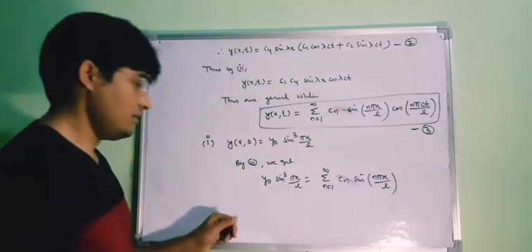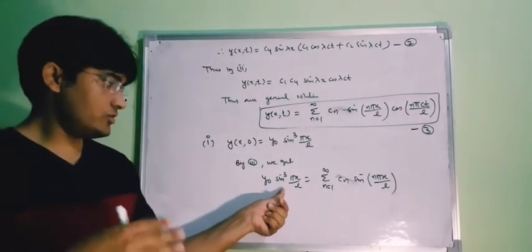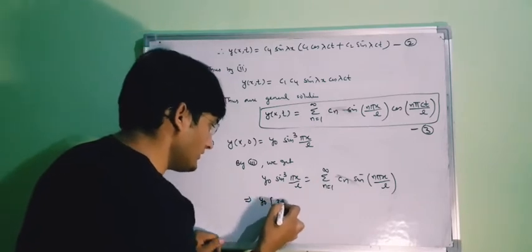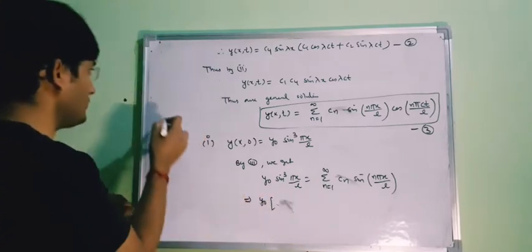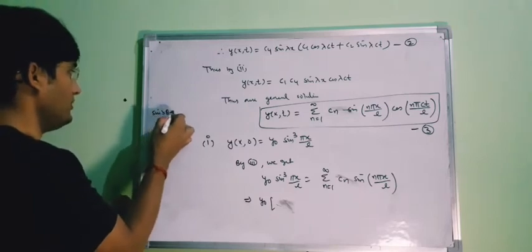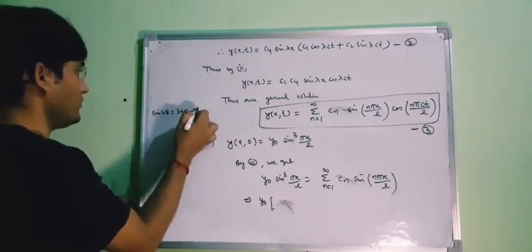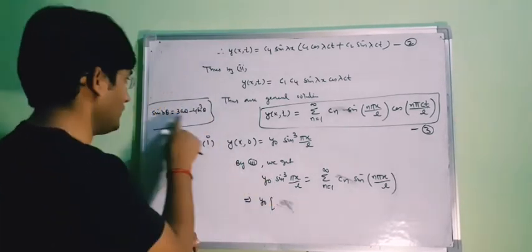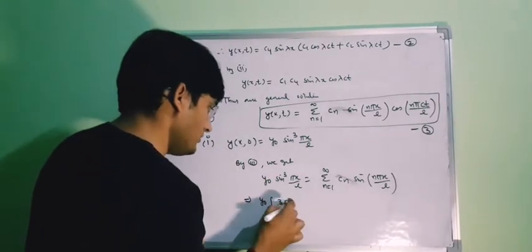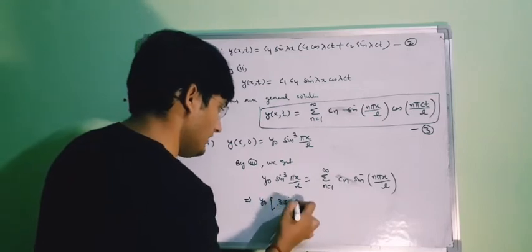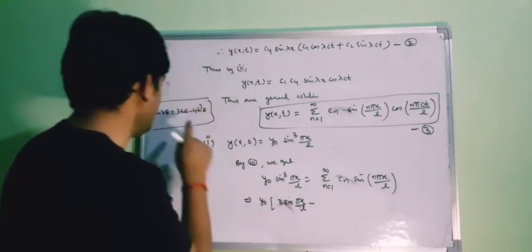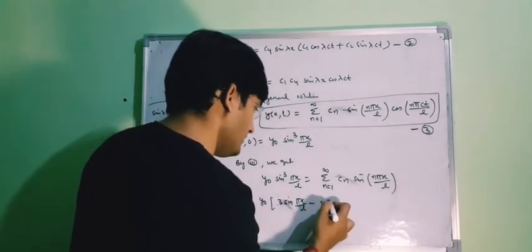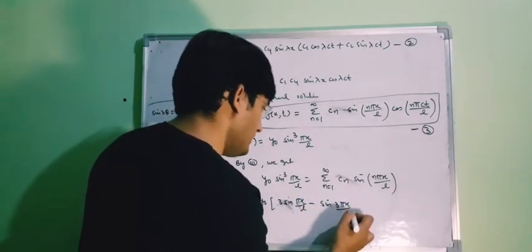So from here, now use the formula of sin 3 theta. Now sin 3 theta is 3 sin theta minus 4 sin cube theta. So from here, your sin cube theta will be 3 sin(pi x upon L) minus sin(3 pi x upon L), divided by 4.